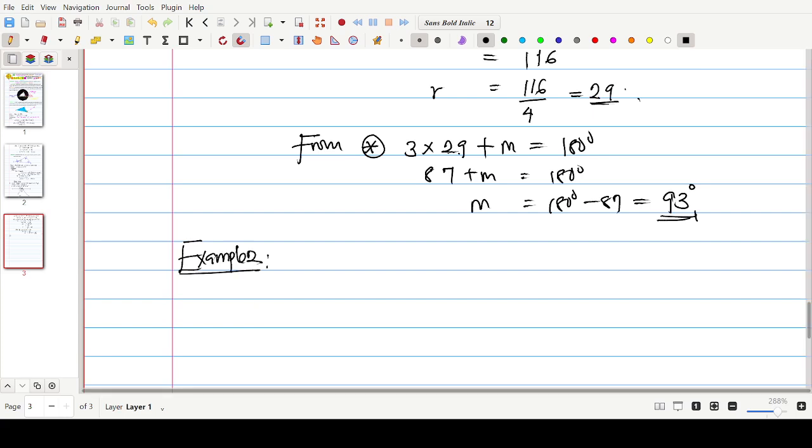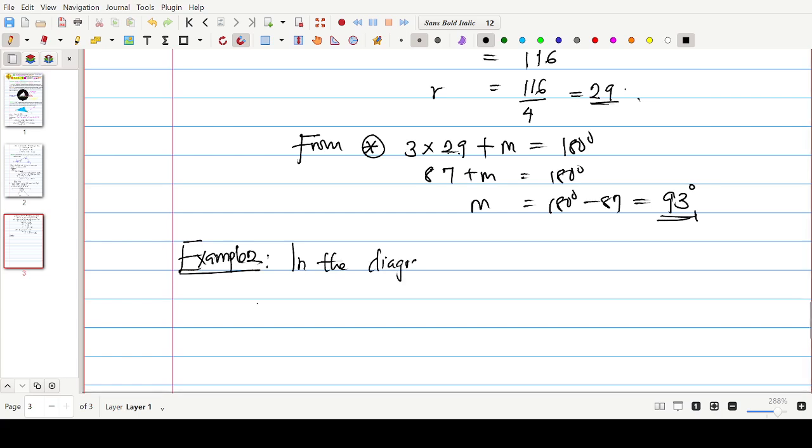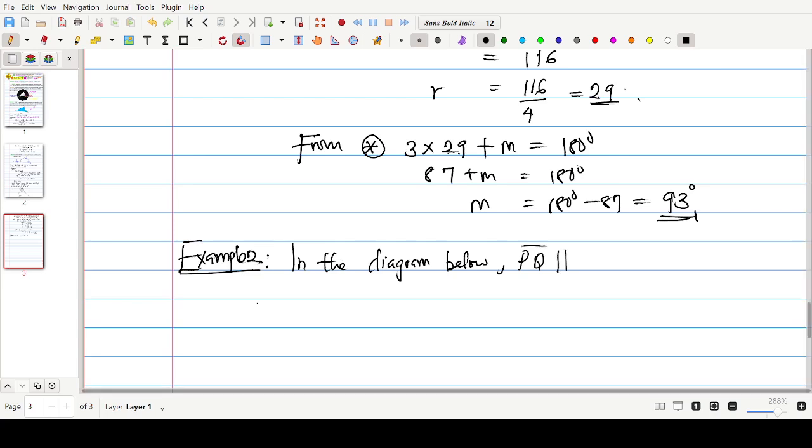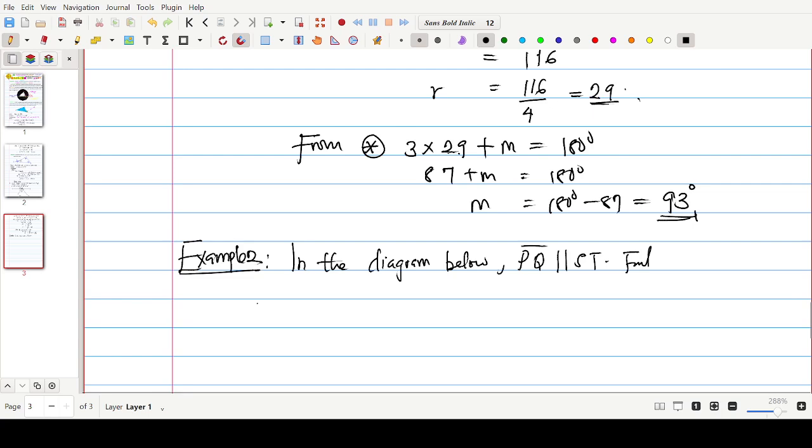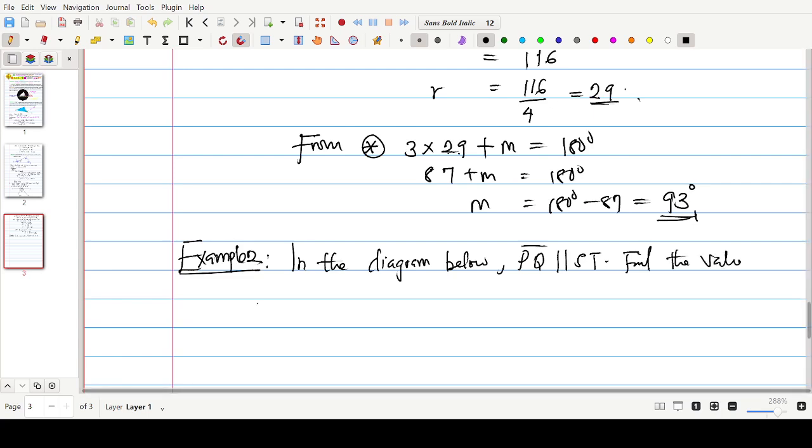Example 2, right? Now here you see in the diagram below, line segment PQ is parallel to line segment ST. They say find the value of X. All right.